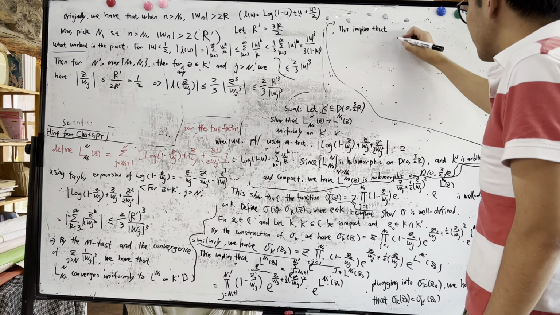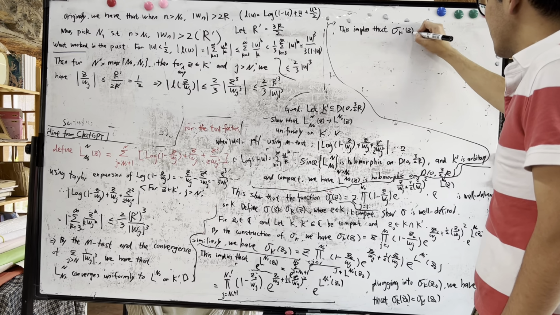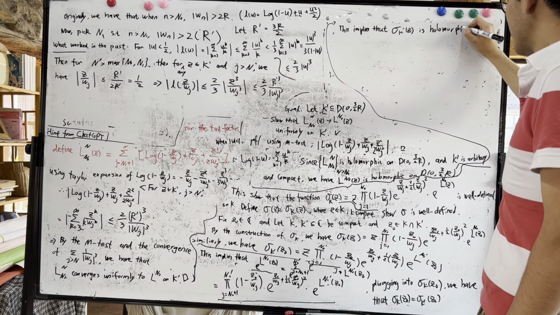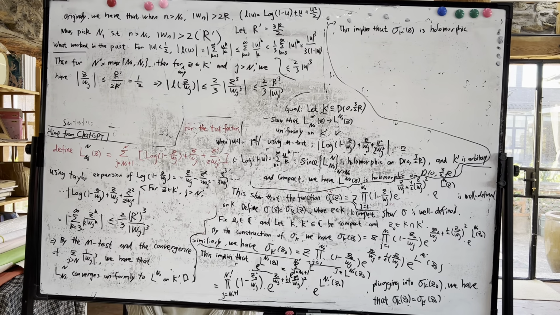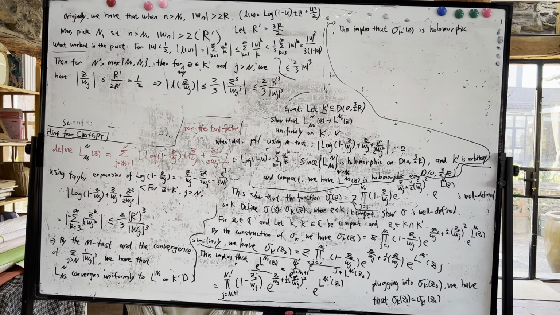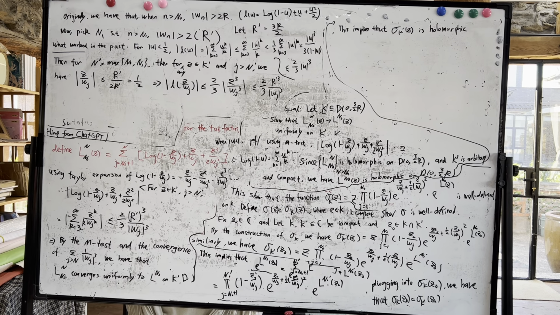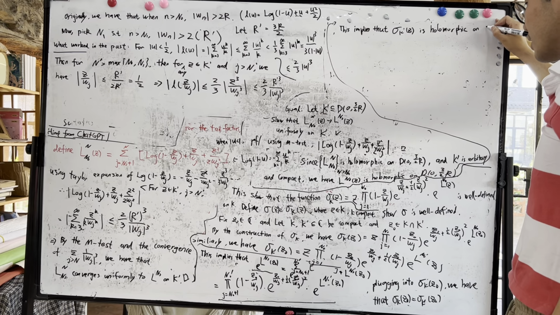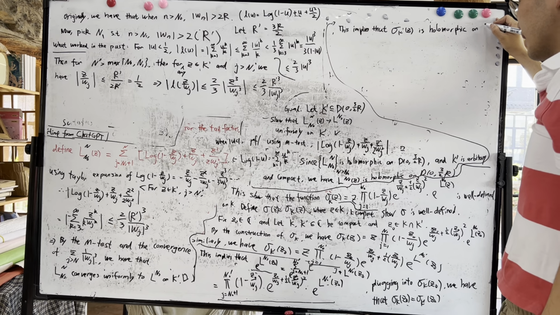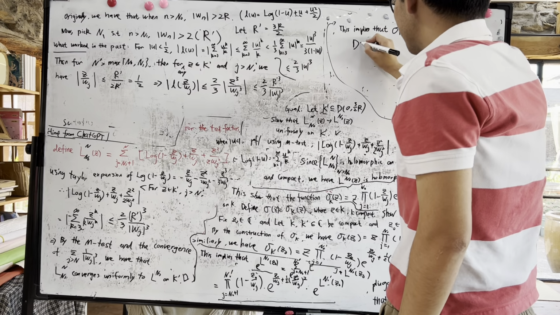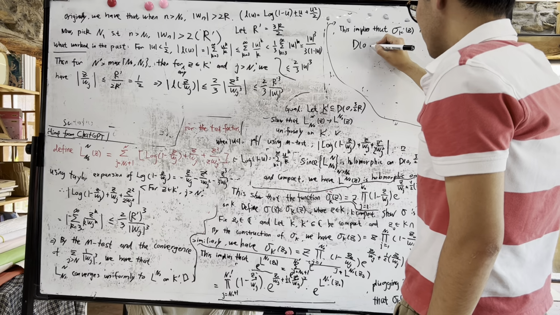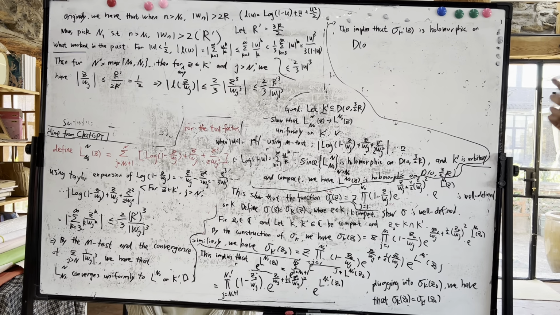So this implies that this sigma k z is holomorphic. Not on K, but I just showed that it is on a larger disk.